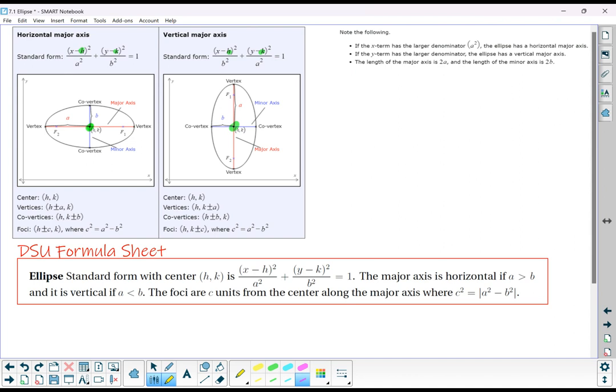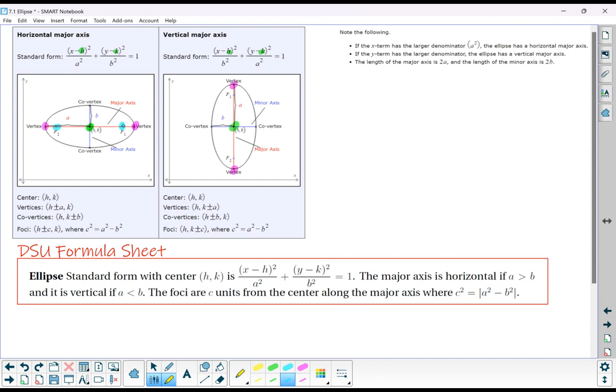And then it's also going to ask you to find 4 additional points. 2 of the points that you need to find are the vertices. Just always along the major axis, the farthest points are called the vertex. Each of them is called a vertex, so there are 2 vertices. So you'll find those 2 points, and then it also wants you to find the 2 foci.